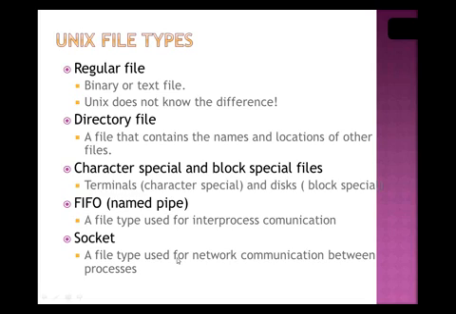A regular file means a simple file that every user is able to use, either a binary or a text file. If it is a binary file, then all the data is written in binary format, in zeros and ones. But if it is a text file, then the data is written in text, in English statements.